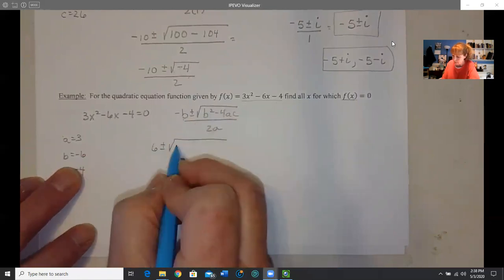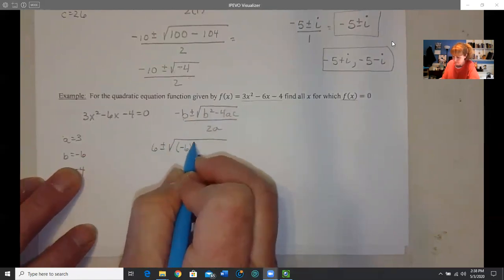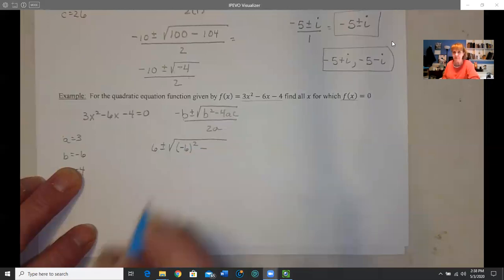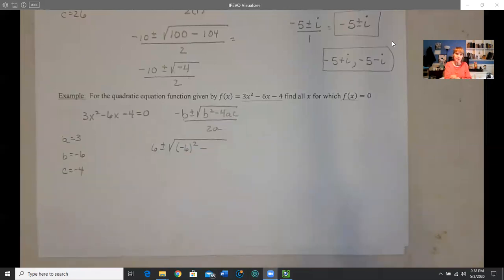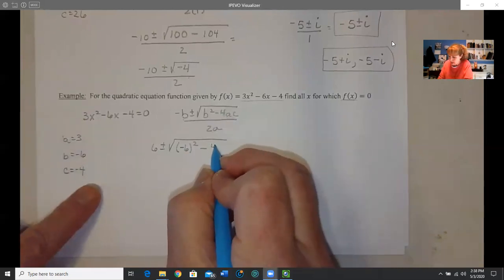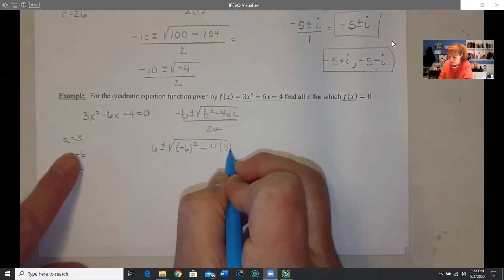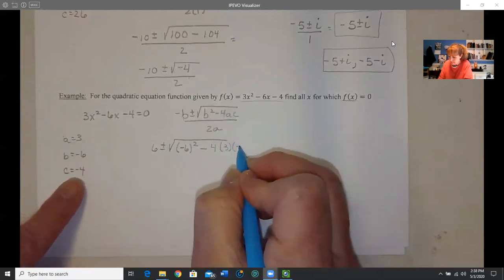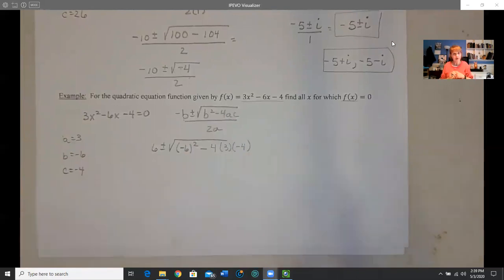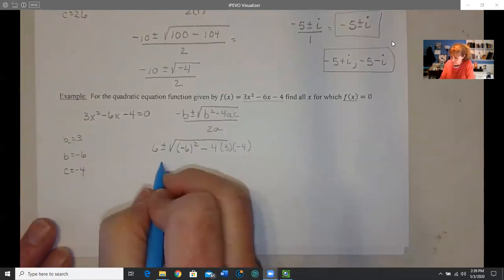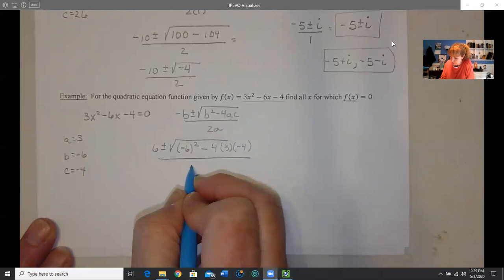Then we're going to square our b. Use parentheses if you're going to put in that negative, or you can just put in the positive, because you know when you square it, it's going to be positive. So then we have minus 4, a is 3, and c is a negative 4, all over 2 times 3.